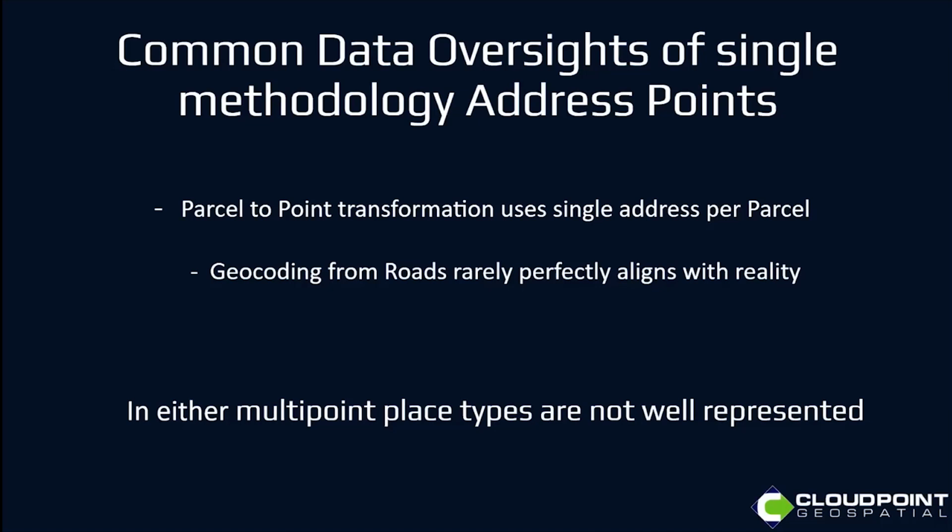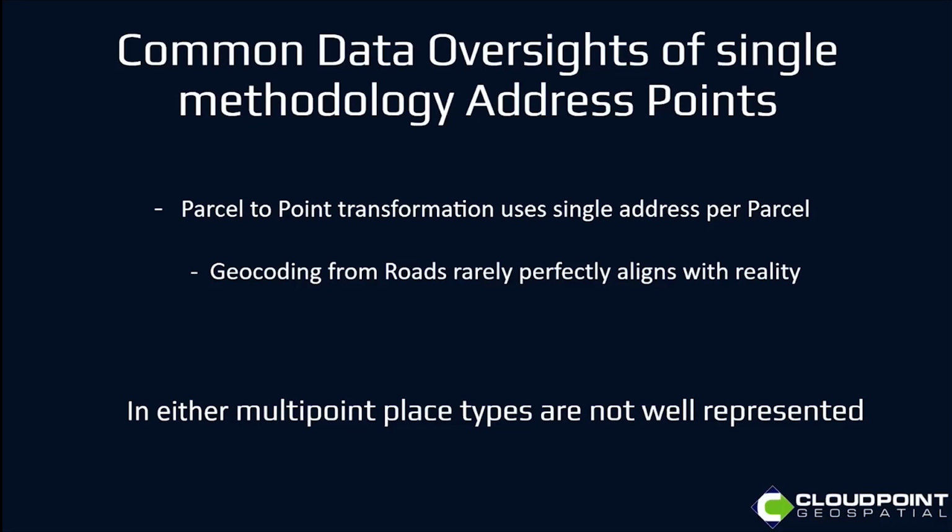Geocoding from roads, as we talked about a little bit before, rarely aligns with reality, whether the parity of an address is on the wrong side, or the range is wider than where the actual placement of the addresses are. So either one of those methodologies, for more accurate data, should be reviewed by a GIS professional to move those data points to a site or structure or an entrance.